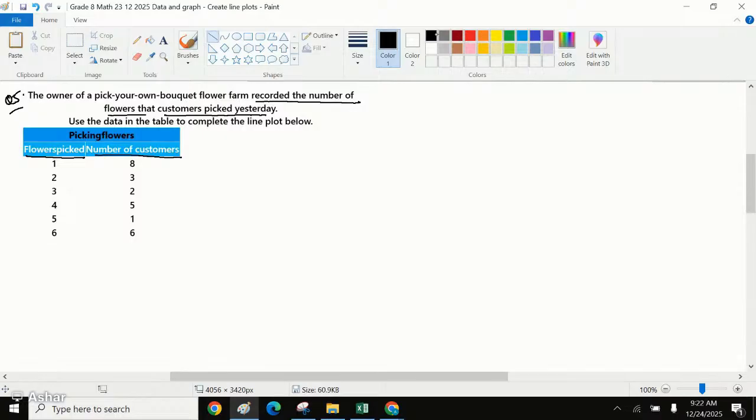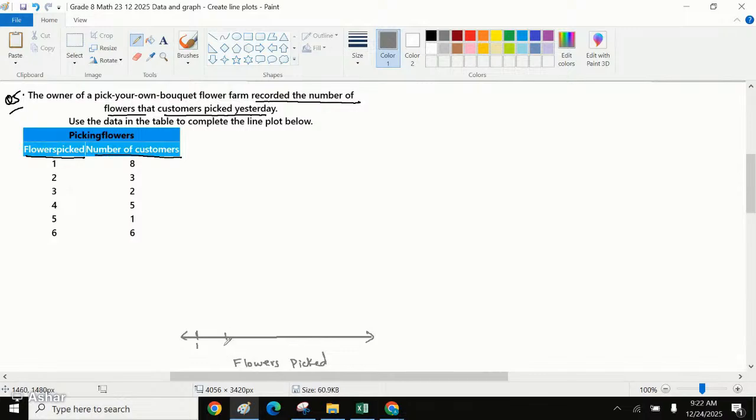So what we need to do is, on the x-axis, the horizontal axis, we need to say the flowers which were picked. What was the minimum number of flowers picked? 1 flower was picked. And the maximum number of flowers picked was 6.